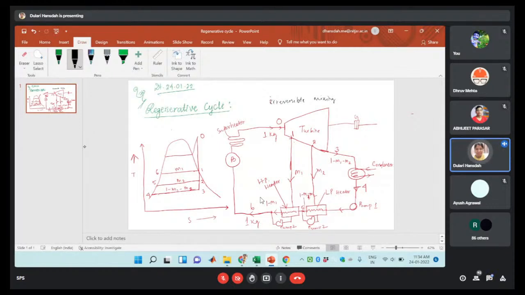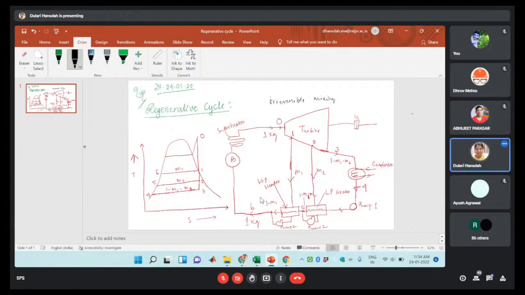That's why we are using the heaters, so that the condensate will get heated, and we can get the maximum cycle efficiency.